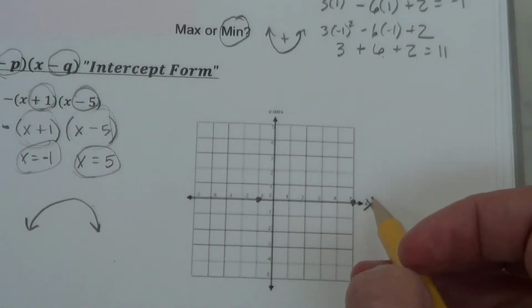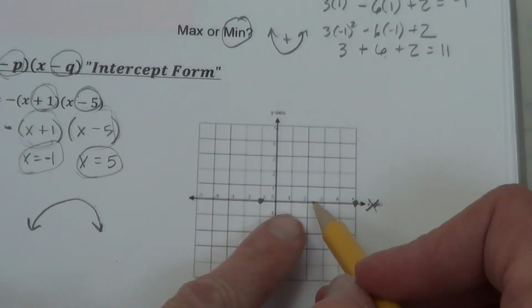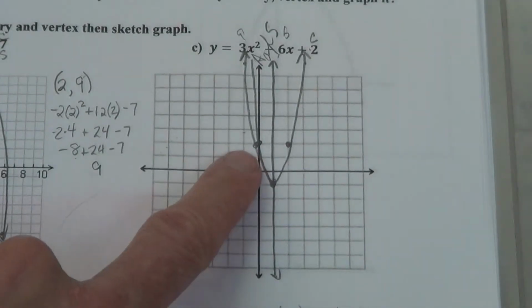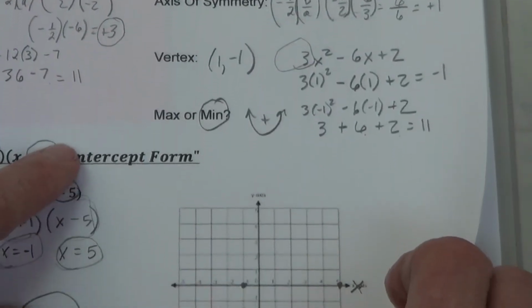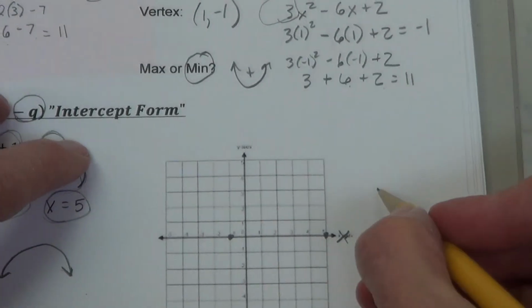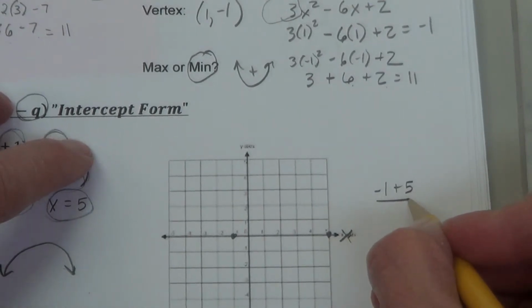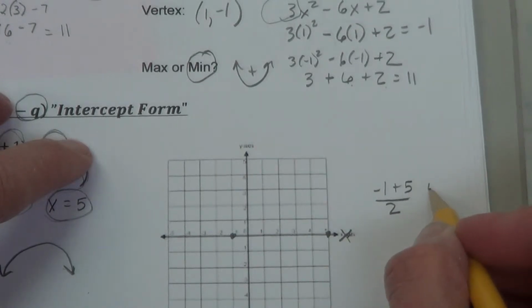To find our axis of symmetry, well, does it make sense that it would be halfway between these? Because your axis of symmetry always splits your parabola in half, just like it did up here. So halfway between -1 and 5, we could either add these up and do it mathematically. Halfway between would be 4 divided by 2, or 2.